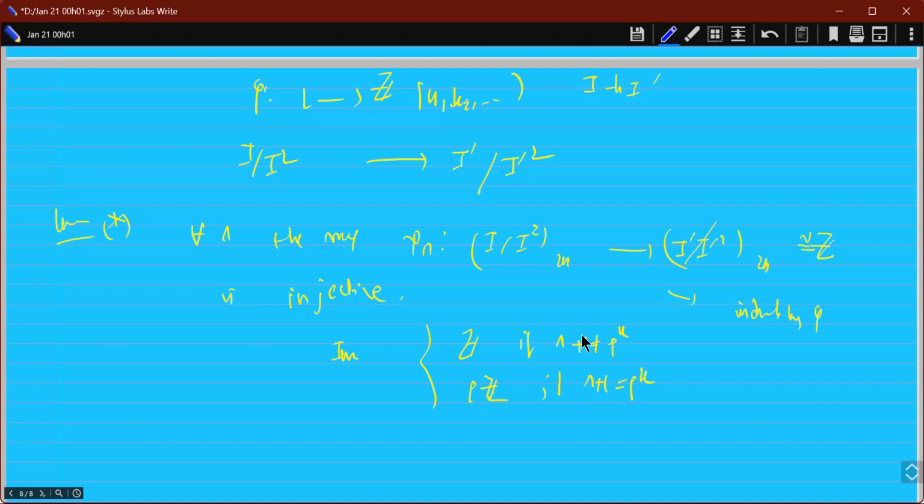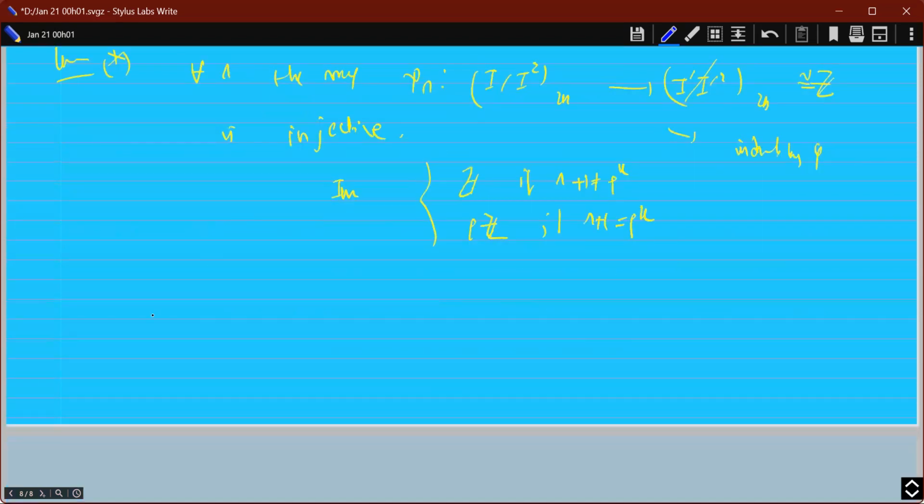So some important consequences. For all positive integers n, this is an isomorphic quotient.